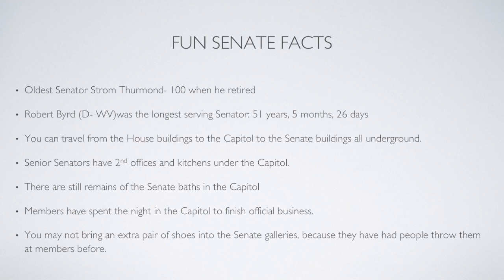Senior senators have a second office and kitchens under the Capitol. There are still remains of the Senate baths in the Capitol. Members have spent the night in the Capitol to finish official business. You may not bring an extra pair of shoes into the Senate galleries because people have thrown them at members before. So don't bring your extra pair of shoes.